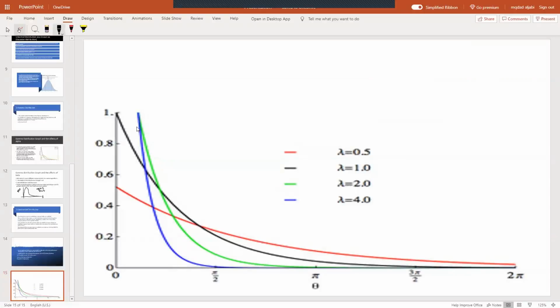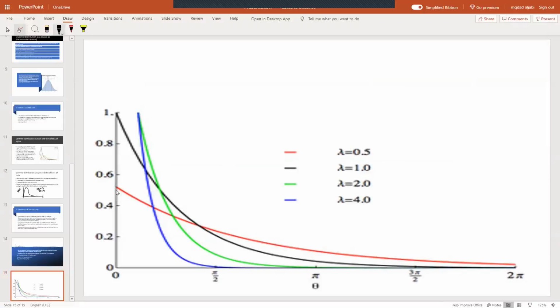The drawing, as you can see, it's going like this. The biggest one, where lambda is 4 and mu will be a quarter, 1 over 4, is going to peak at like 1 and then going down fast to 0. The smaller lambda is, the slower it will take the graph to reach 0.